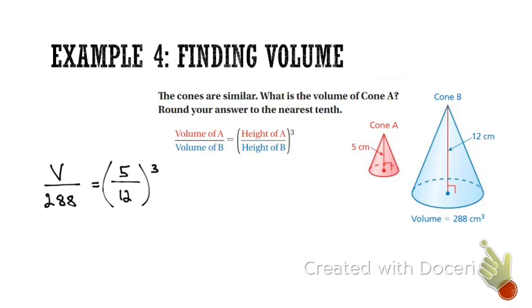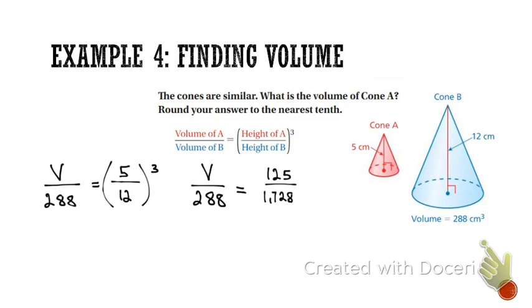All right, so V/288 equals 125 over 1728. And remember, I got this number because I did 12 times 12 times 12, 12 to the third power.